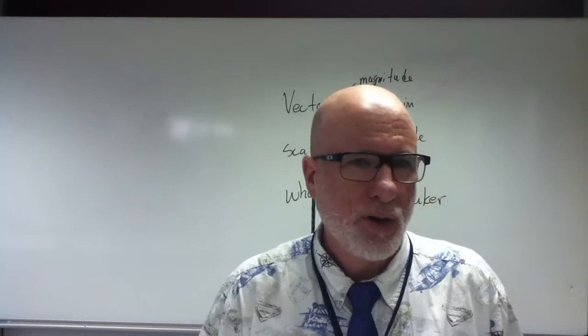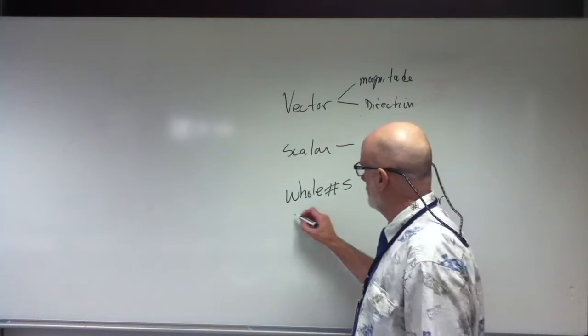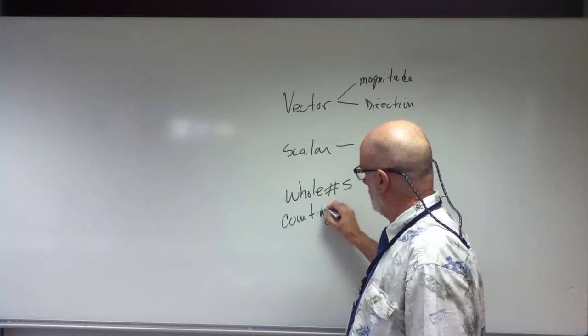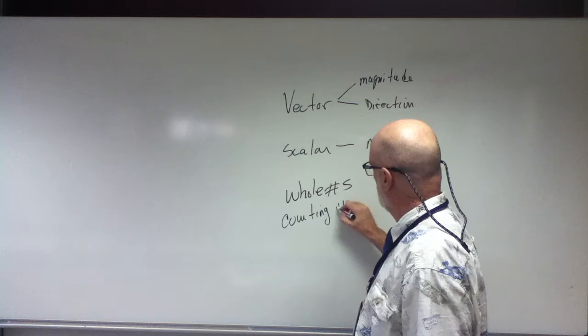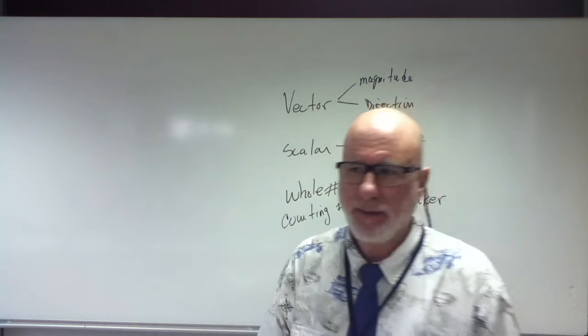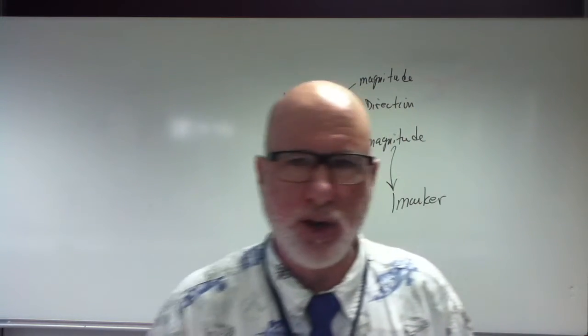Negative numbers. Whole numbers. Counting numbers. You know what a counting number is? What's the difference between whole numbers and counting numbers, and why the big deal? What came first, whole numbers or counting numbers? Counting numbers. And what did you add?